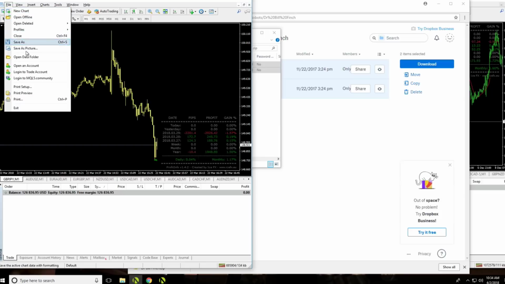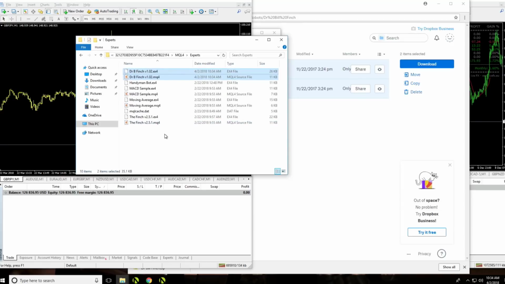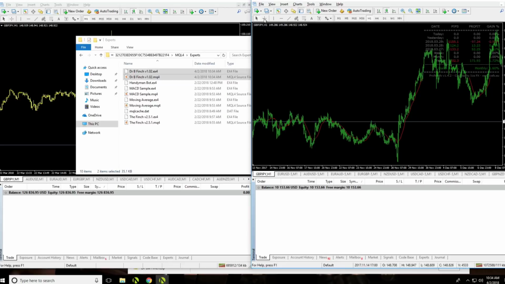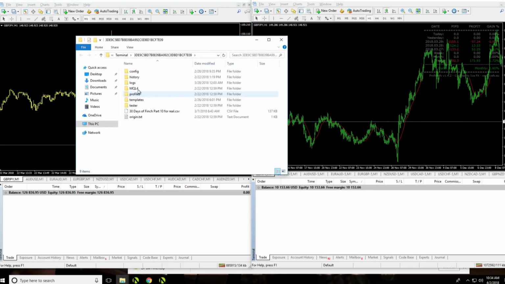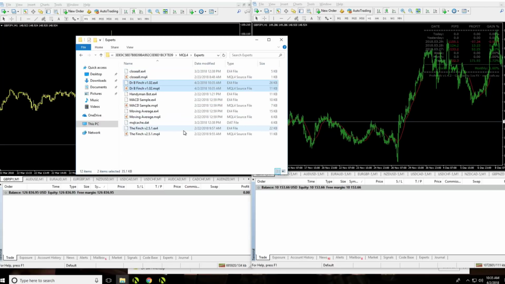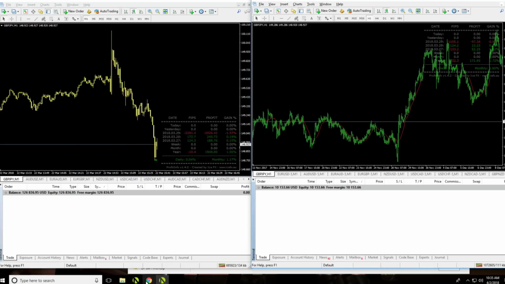I'll go to File, Open Data Folder, MQL4, Experts, Paste. Then I go over here to my other MetaTrader installation, Open Data Folder, MQL4, Experts, Paste.